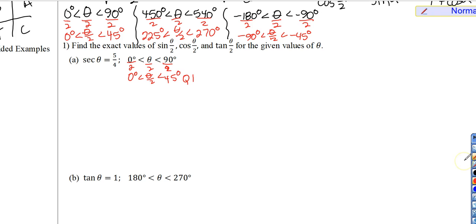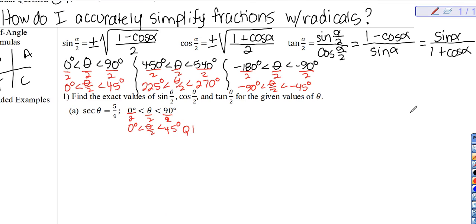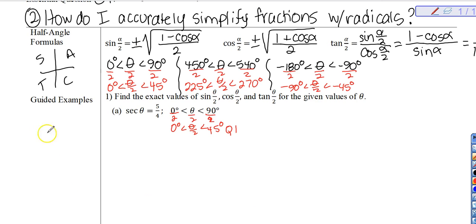Okay, so I'm going to come over here, and here's what I need to think about. When I look back at my formulas, to find sine of theta over 2, I need the cosine of theta before I cut it in half. So over here, I'm going to draw a picture. I'm in quadrant 1, and this is secant of theta equals 5/4, and I need cosine of theta. Cosine of theta would just be the reciprocal of that, correct?